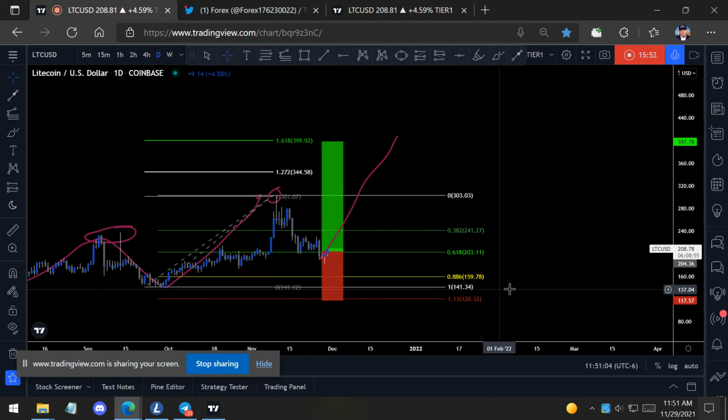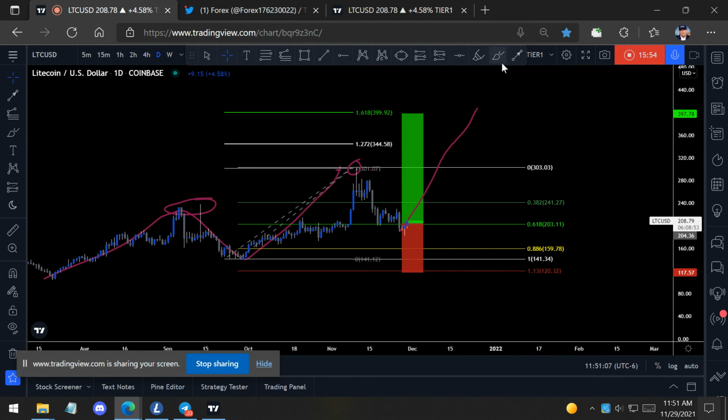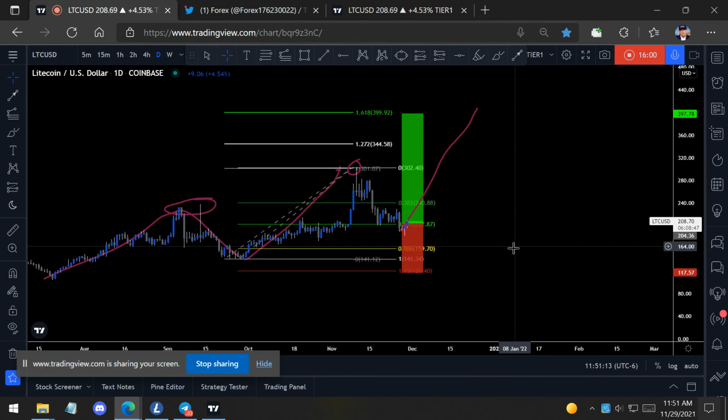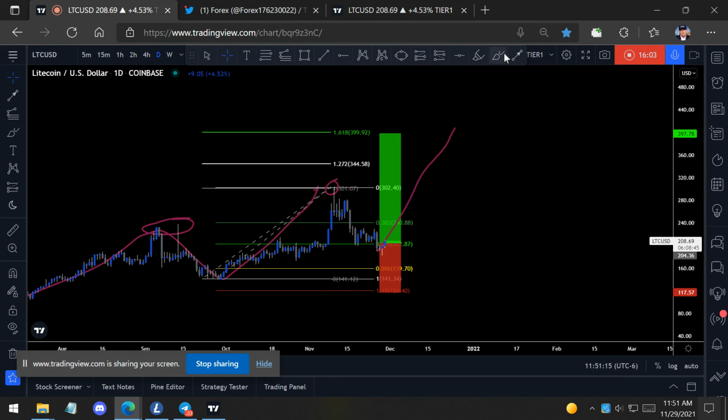So then we would measure from the lowest point of the pullback. It looks to be right here at 184.